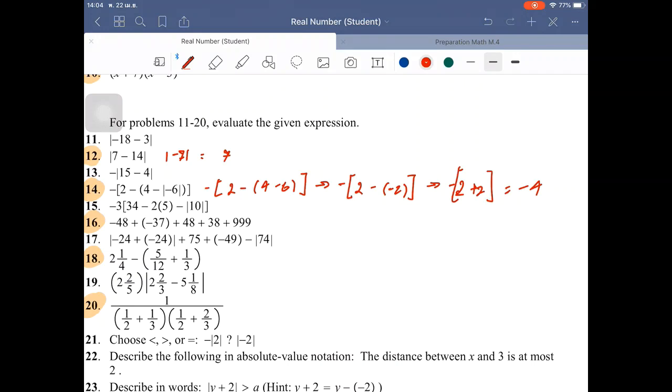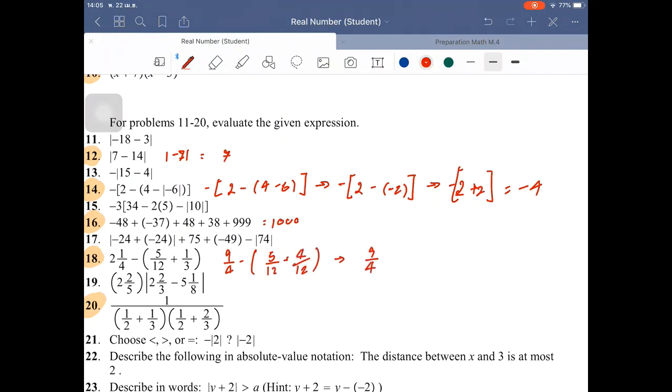Question 16 is not about absolute value. There is no absolute value. Just simplify this. What do you get? The answer is 1000. How about question 18? Simplify. First, you get 9 over 4 minus, try to make the denominators equal, 4 over 12.